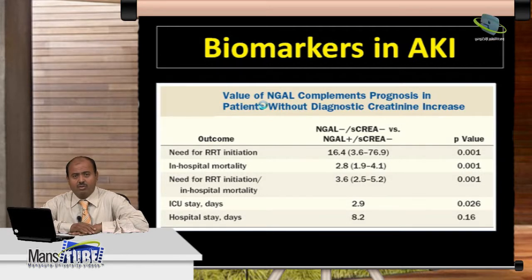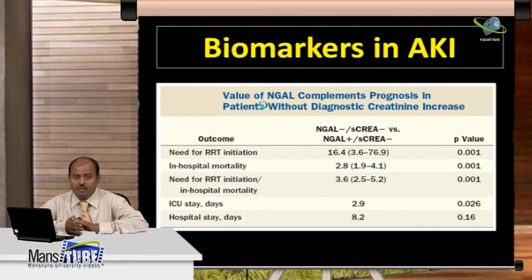The higher the NGAL, the higher the need for renal replacement therapy initiation, the higher the in-hospital mortality, the higher the ICU stay, and the higher the hospital stay in days. The slide shows the value of NGAL complements prognosis in patients without diagnostic creatinine increase.